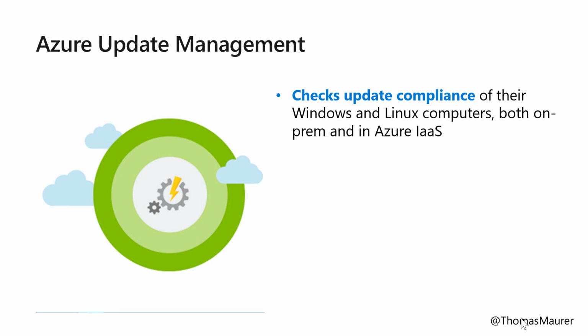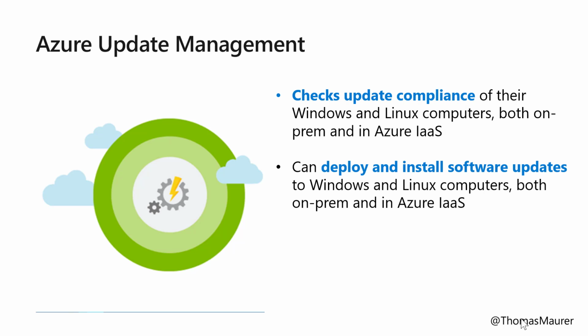Now that's where Azure Update Management comes in. And Azure Update Management is great. You can use it for Azure virtual machines. You probably have already tried it, but you can also use it for virtual machines on-prem, right? So virtual machines running on Azure Stack HCI or running on Azure Stack, you can use Azure Update Management. It checks the update state and whether they're compliant with the latest update policies which you set.